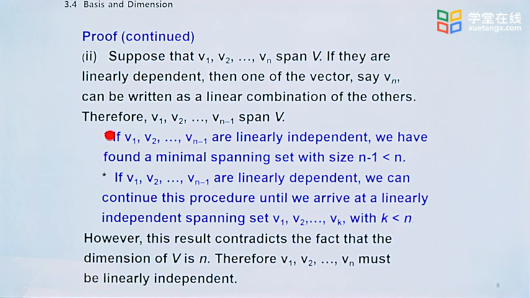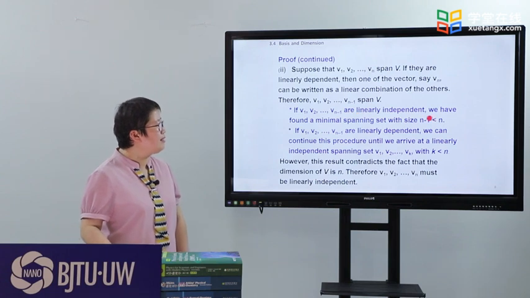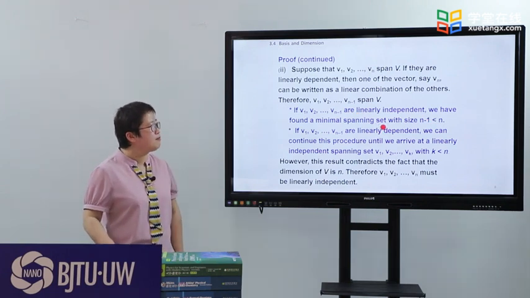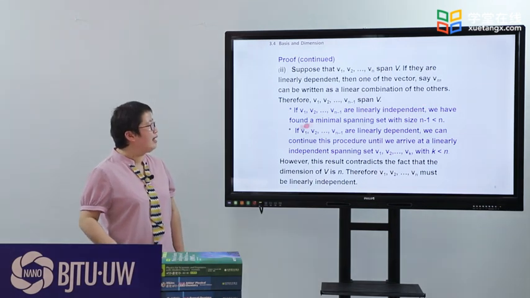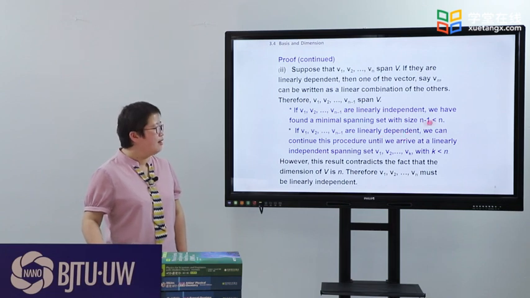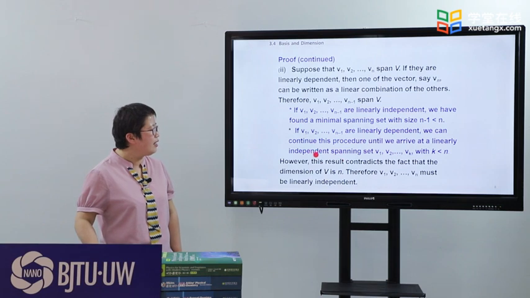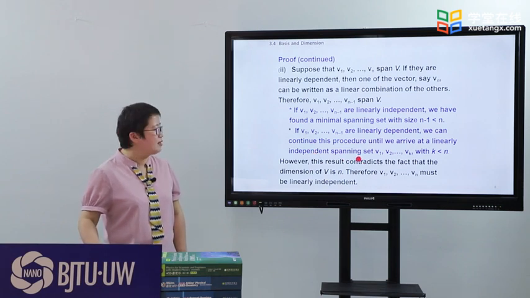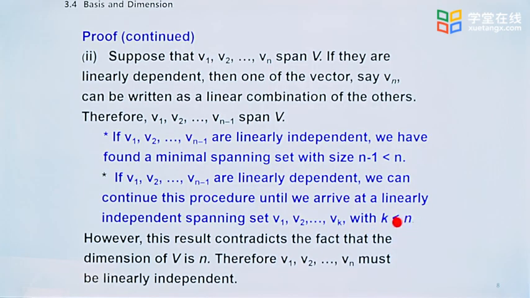And further, we do the further procedure. If V1, V2 till Vn-1 are linearly independent, we have found a minimal spanning set with size n-1, smaller than n. And if V1, V2 till Vn-1 are still linearly dependent, we can continue this procedure until we arrive at a linearly independent spanning set V1, V2 till Vk with k smaller than n.